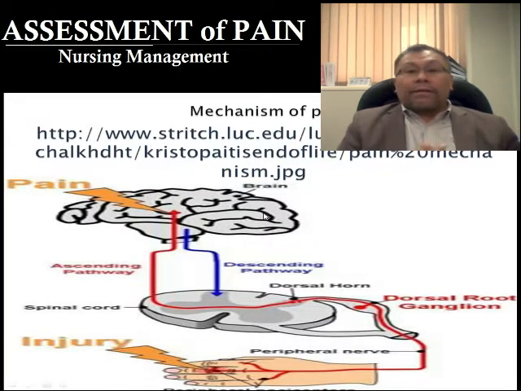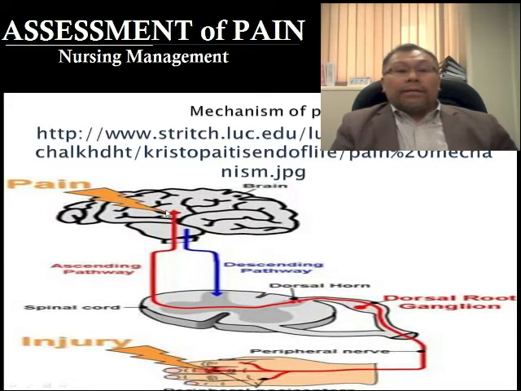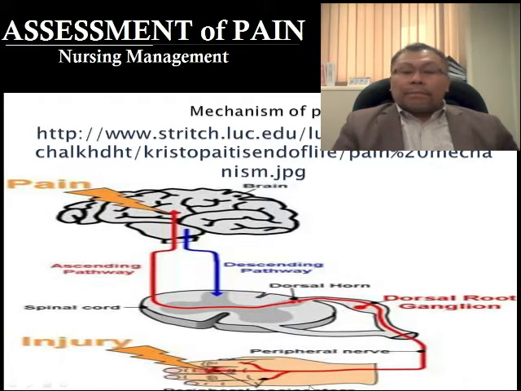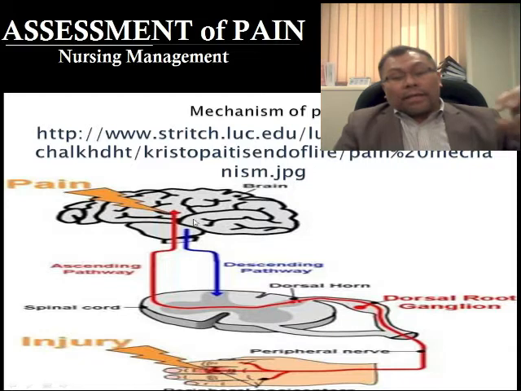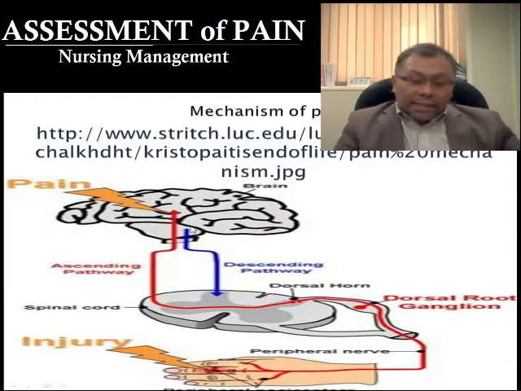So from this diagram, we have the mechanism of pain. If you are going to trace it up from the peripheral nociceptor, say for example, if an injury happened to your hand, it will be transmitted through the peripheral nerve down to the dorsal root ganglion, to the dorsal horn, and then to the brain, the thalamus, and then the interpretation of the intensity or scale of the pain.